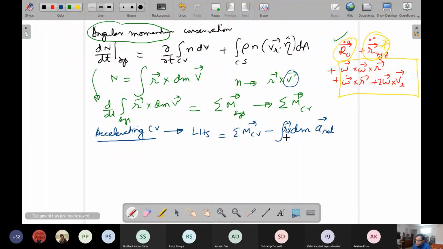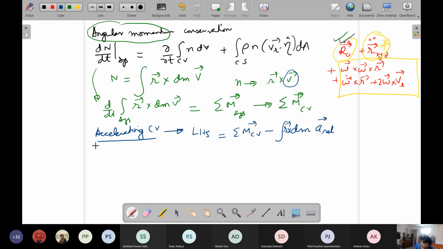Okay. So that is the only difference, and the expression for a relative is the same, because it is just a kinematic expression, the velocity, acceleration, etc. relative to a control volume or an accelerating reference frame. So this adjustment of a relative with r cross a relative is good enough to make the equation mimicking the situation of angular momentum conservation.